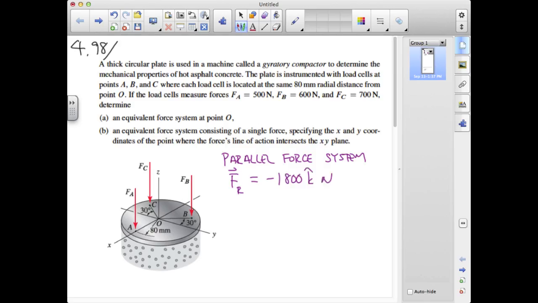Now for finding the resultant moment about O, we could do this with either a vector approach or a scalar approach. If I write it out first with the vector approach, that's going to be r_OA cross F_A, plus r_OB cross F_B, plus r_OC cross F_C.